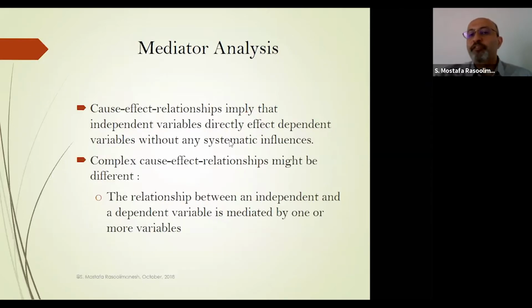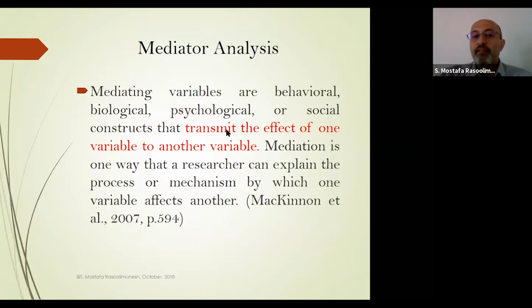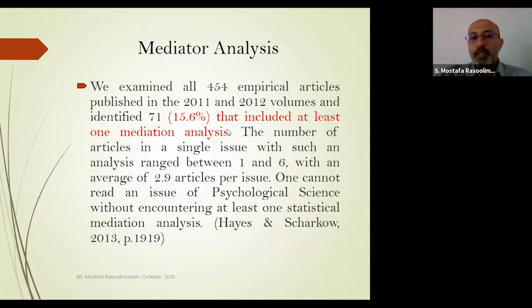Many studies in different disciplines have applied mediator. For example, here is one example from 454 empirical articles in the Psychological Science journal. This study covers papers published in 2011 and 2012.